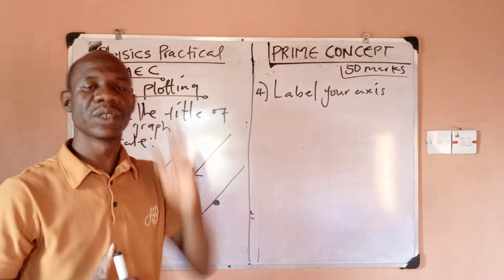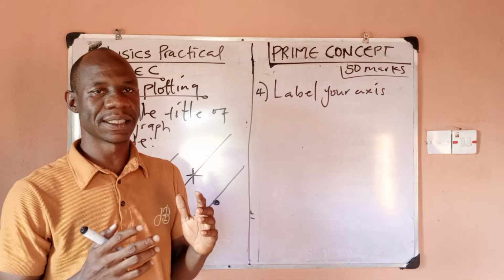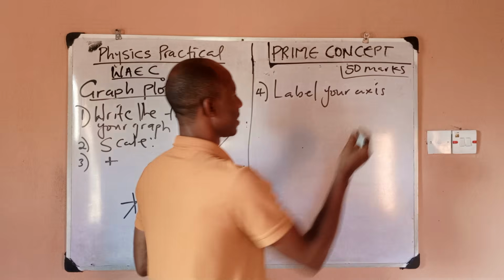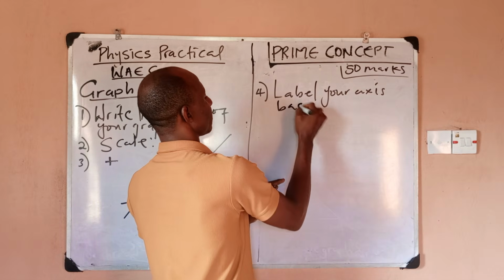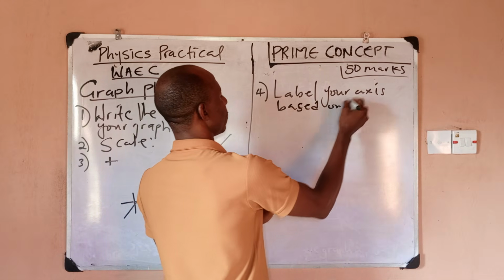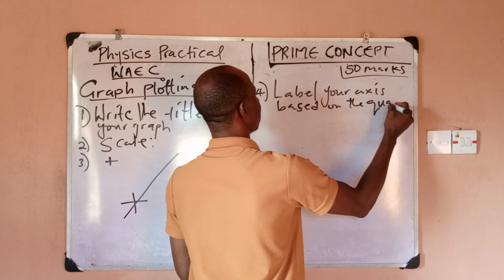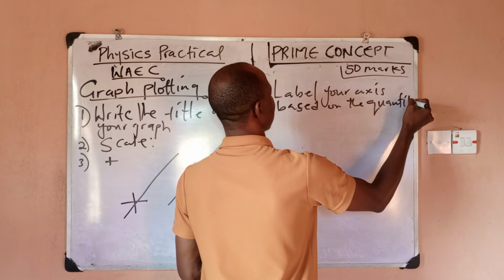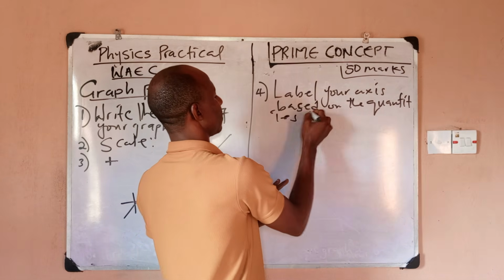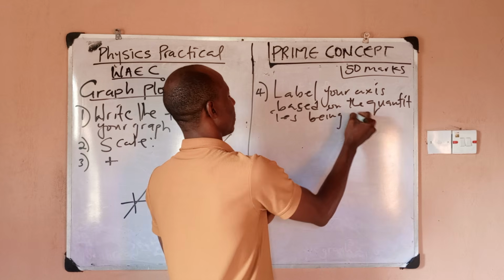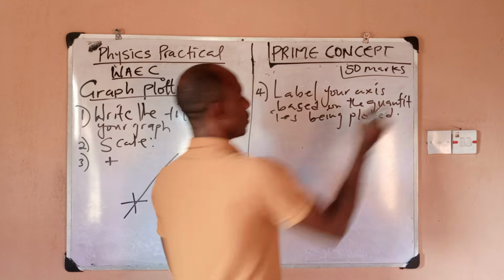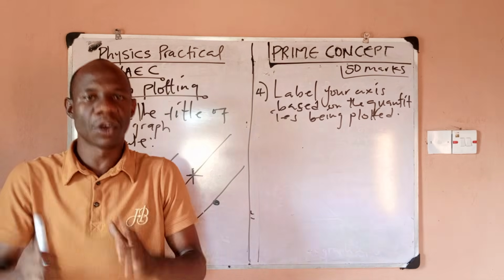Horizontal axis. Now, when we say label your axis, you label your axis based on the quantities being plotted. You label your axis based on what you're plotting.